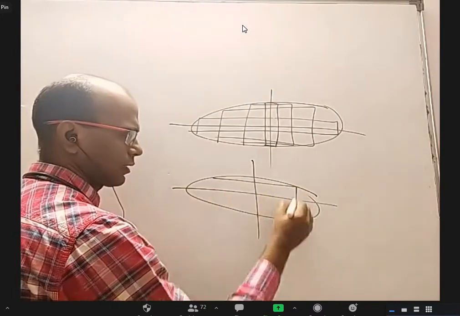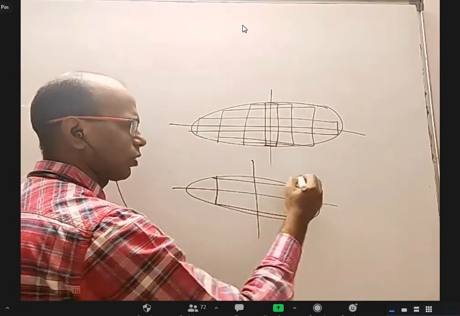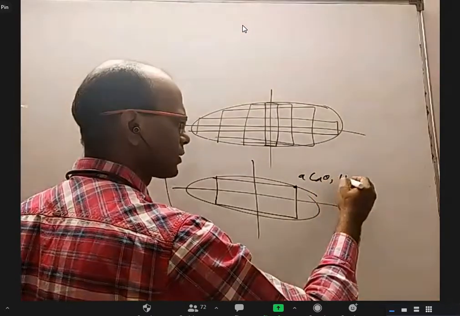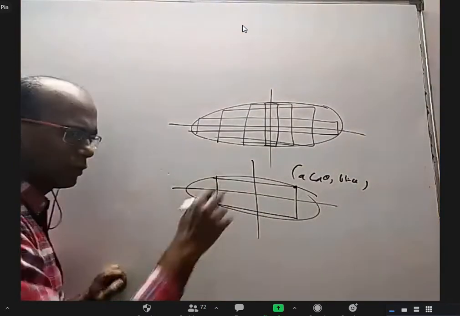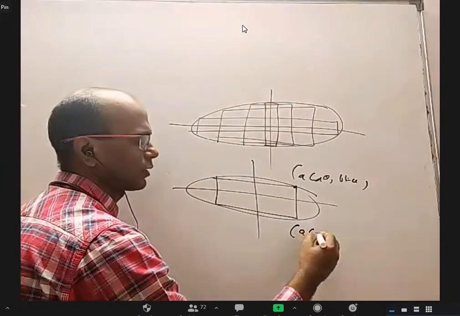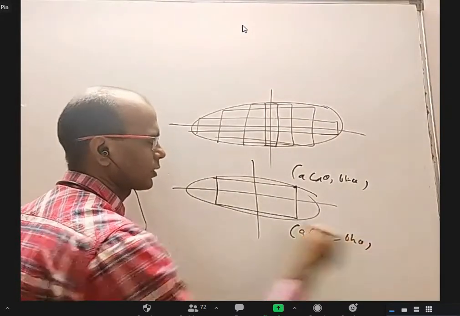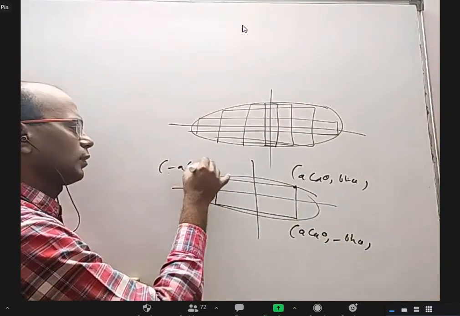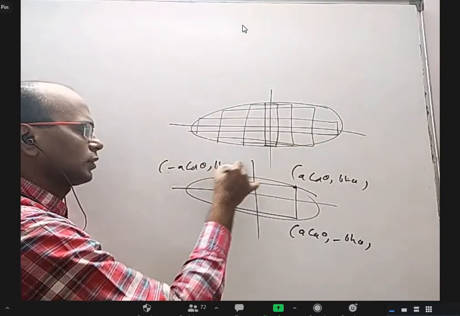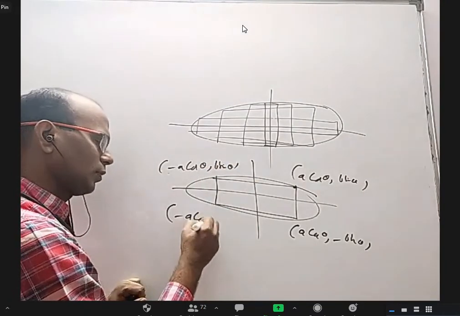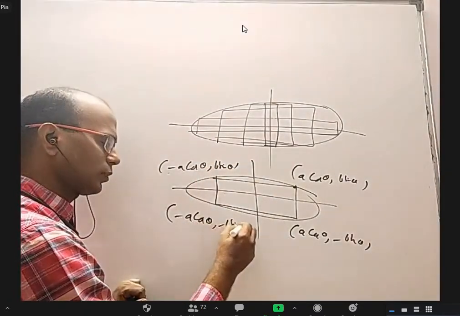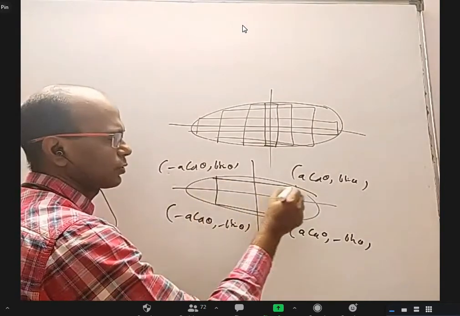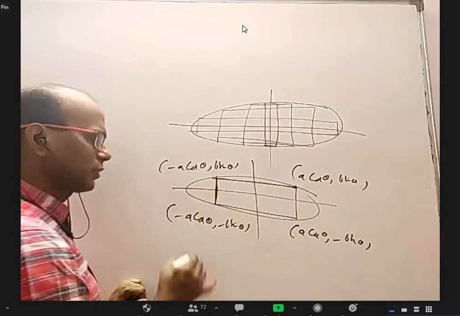So let us take this rectangle, take one corner as A cos theta comma B sin theta. Because they're parallel to major and minor axis, obviously this point is A cos theta comma minus B sin theta. This point is minus A cos theta comma B sin theta. This point is minus A cos theta comma minus B sin theta. So this length is 2A cos theta, this height is 2B sin theta.